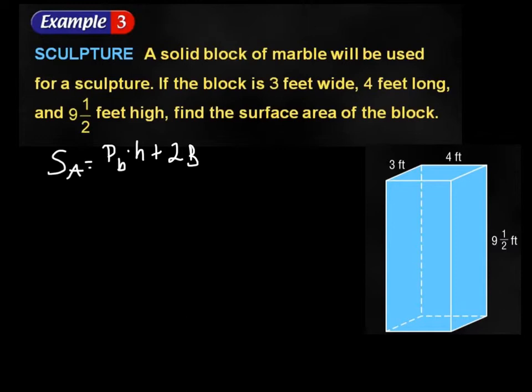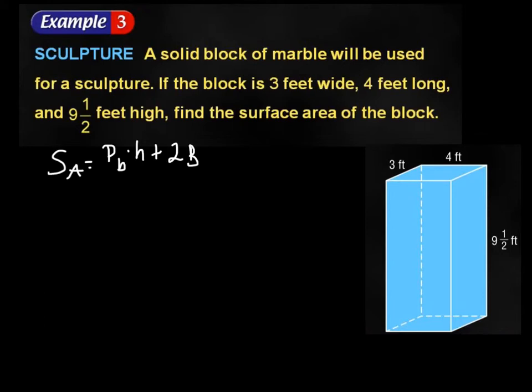A solid block of marble will be used for a sculpture. If the block is 3 feet wide, 4 feet long, and 9.5 feet high, find the surface area of the block. We have already done one twice, so I'm not going to make you do that again. I'm just going to let the top and bottom be our bases.